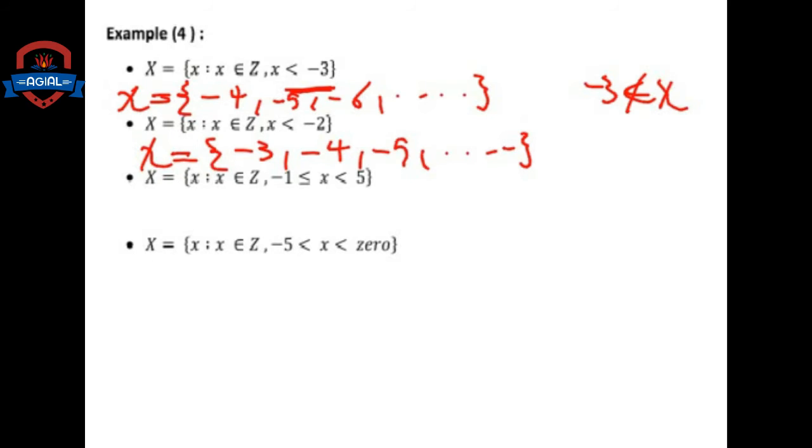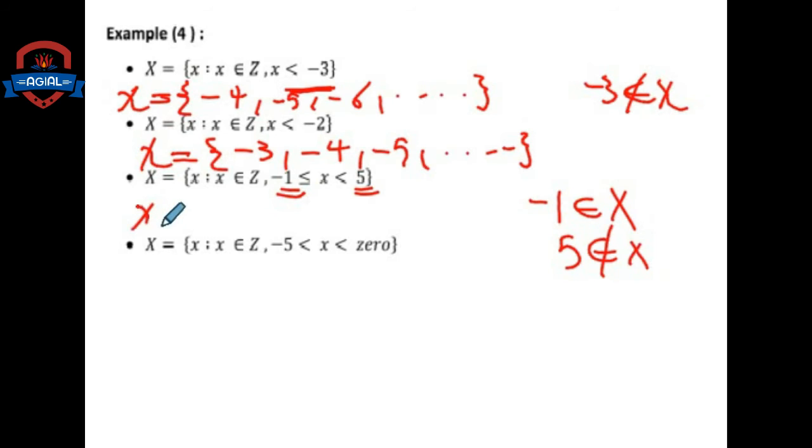Number 3, the set X equals X for X belong to Z, and X is less than 5 and more than or equal to negative 1. So now the set X is all the elements that are between negative 1 and 5. Negative 1 belongs to the set, but 5 doesn't belong to the set.